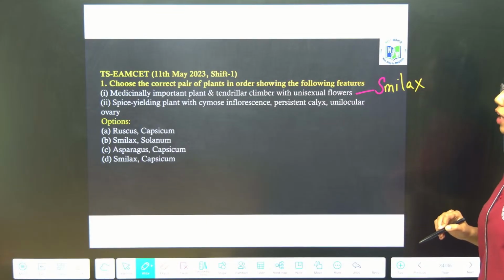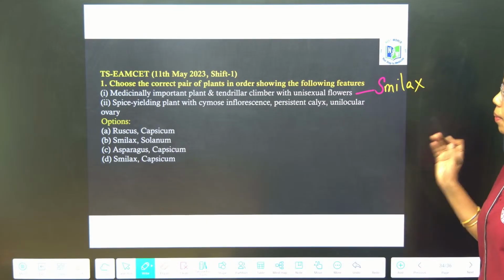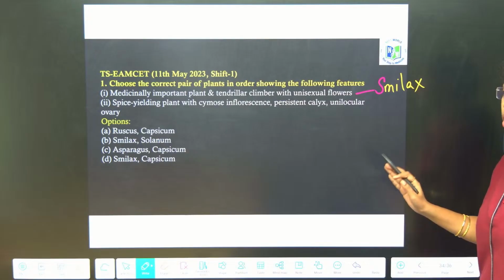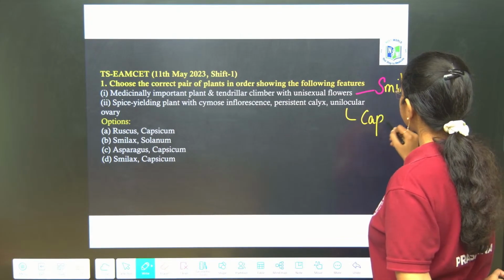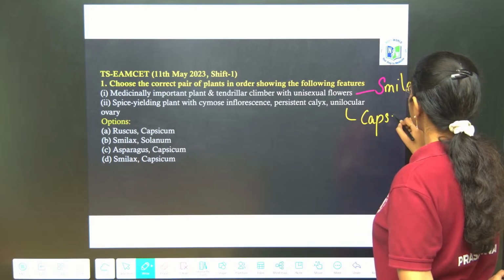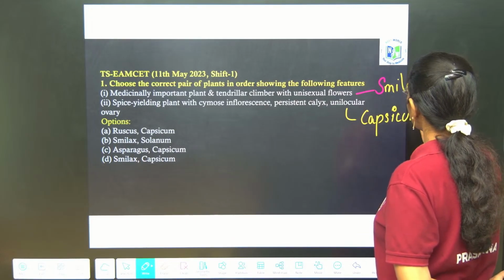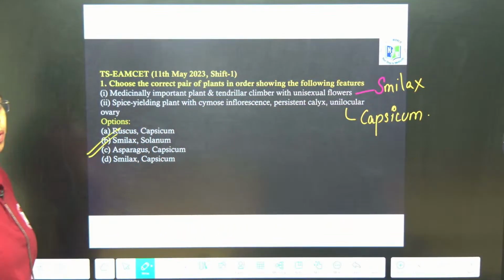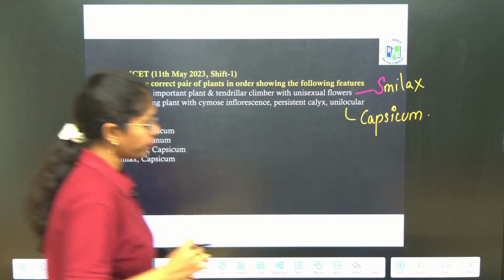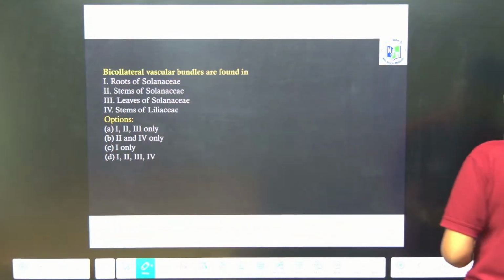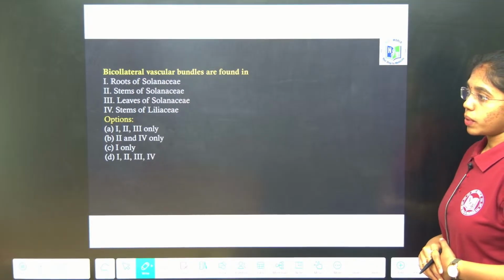Spice yielding plant with cymose inflorescence, persistent calyx and unilocular ovary. This is observed in capsicum. So, here the right answer will be option B, Smilax and capsicum. Remember the statements and examples carefully. Next question.